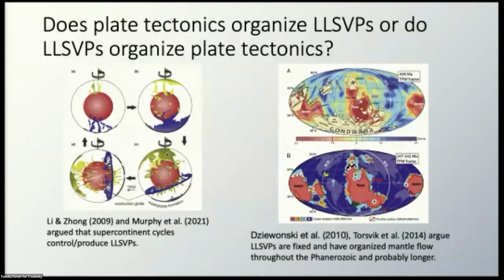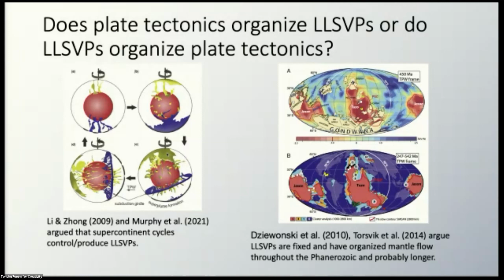But then there's the question of how the LLSVPs were formed in the first place, and whether plate tectonics controls their location and their creation, or whether they control plate tectonics and continent formation.